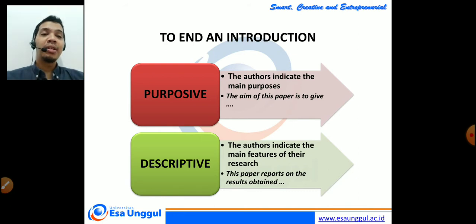If it is purposive, the authors indicate the main purpose, for example, "The aim of this paper is to give." If it is descriptive, the authors indicate the main features of their research, for example, "This paper reports on the results obtained."